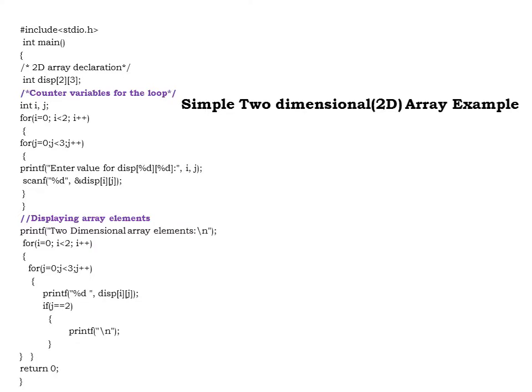So totally we can see that we have displayed the elements, that are 6 elements with 2 rows and 3 columns. So in this presentation we saw how a two-dimensional array works. Thank you.